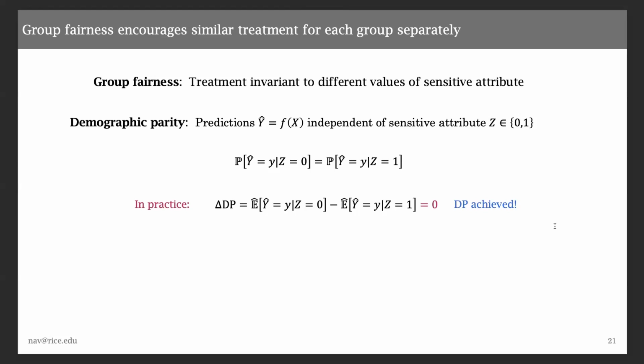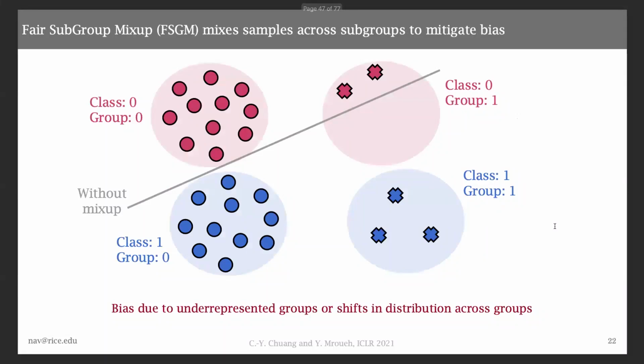Okay, so now what we want to consider is, can we use the abilities of Mixup for classification accuracy to improve model fairness according to groups. So let's say that we are considering data that belongs to one of 2 classes, but also one of 2 different groups. So the colors correspond to the different classes, and then the shapes of the markers correspond to different groups. The larger, lighter circles are the true distribution, and then the markers are our training observations. So bias in data can occur from different situations.